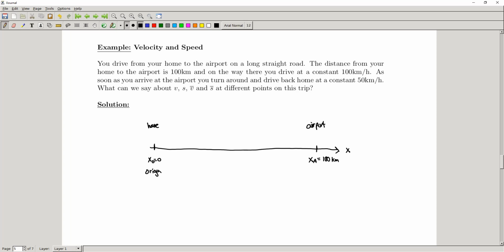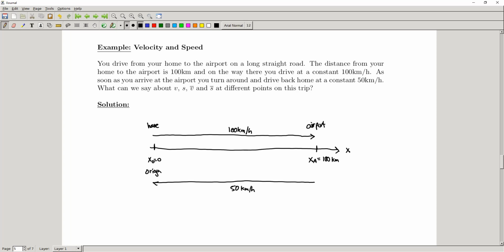We're driving at 100 kilometers an hour consistently in this direction, and then on the way back, we're driving 50 kilometers per hour.